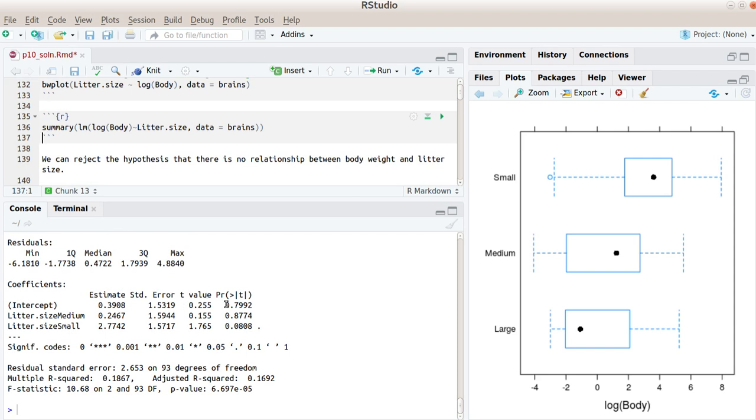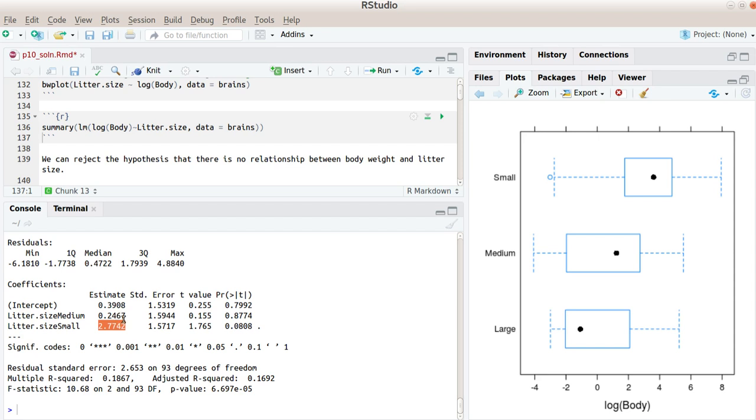If we run this regression, what we see is that we cannot reject the hypothesis that this is 0. We cannot reject the hypothesis that this is 0 either. Here the p-value is greater than 5%, which is the usual threshold that we use. With that said, we can look at this p-value, which is looking at the hypothesis that both this and this are 0. And we can reject that null hypothesis.